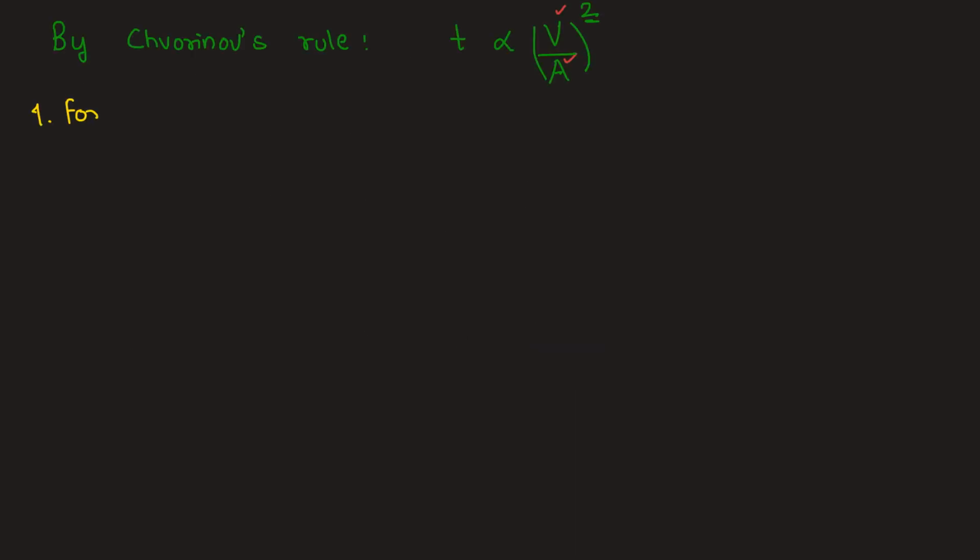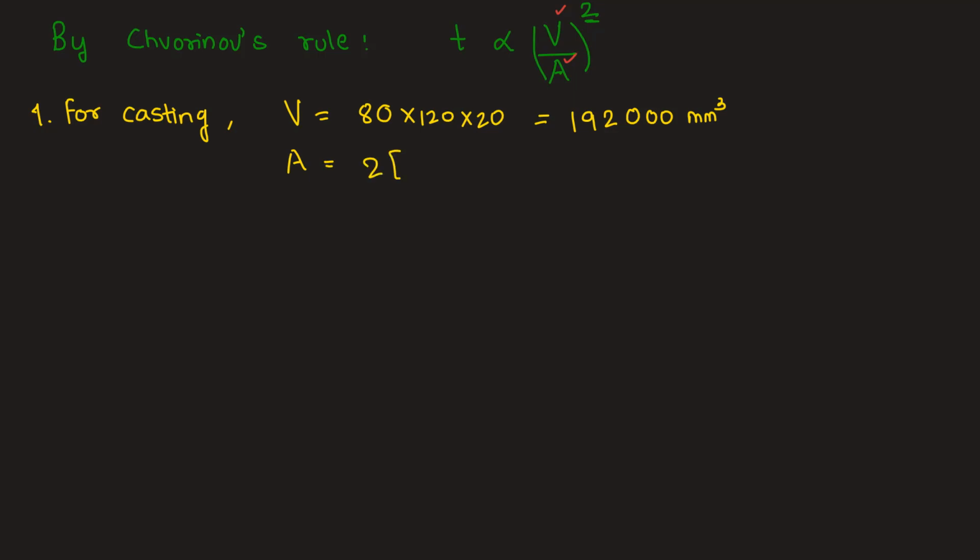Let's do it. For casting, its volume will be simply 80 by 120 by 20, which is equal to 192,000 millimeter cube. Its surface area will be 2 into breadth into length plus breadth into thickness plus length into thickness.